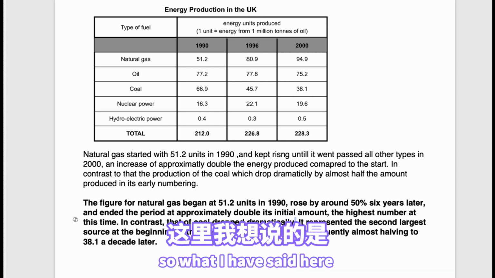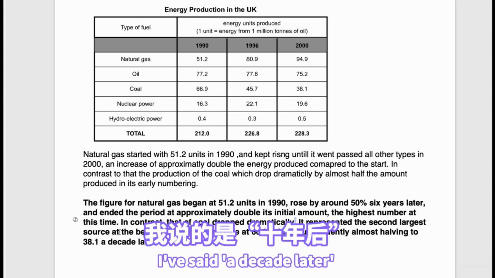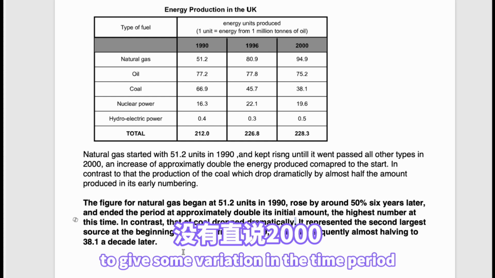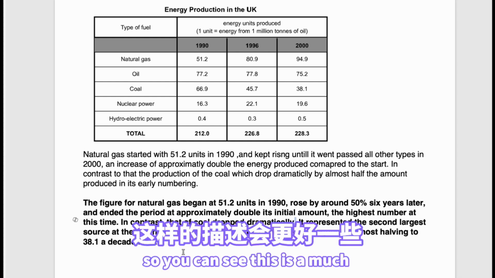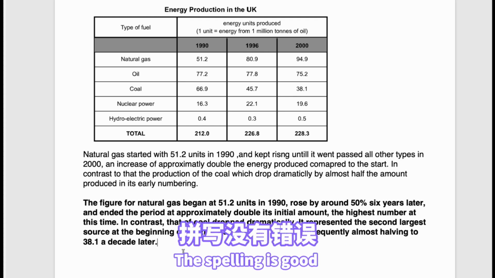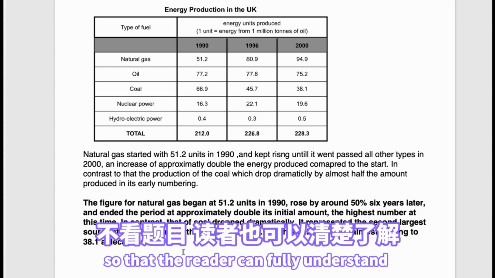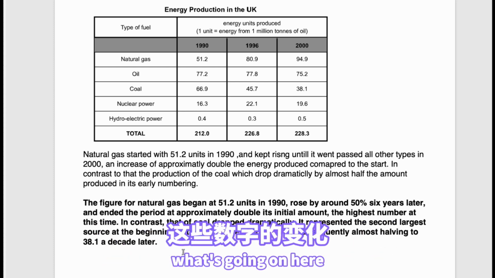So what I've said here is that this number 66.9 has almost halved. And again I've said a decade later to give some variation in the time period. So you can see this is a much better sentence. It's accurate, the spelling is good, and I've included enough data, enough numbers, so that the reader can fully understand what's going on here.